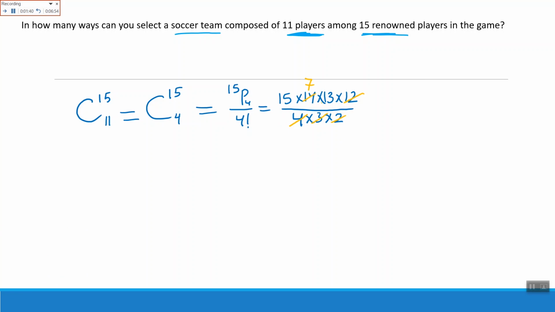So we have 15 times 13 times 7. Well, 15 times 13 is 195.